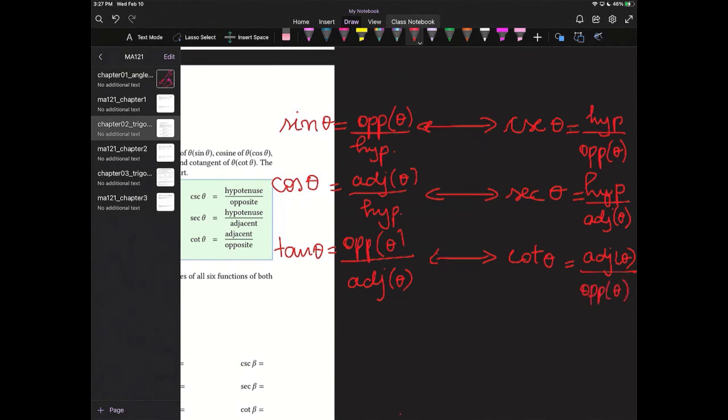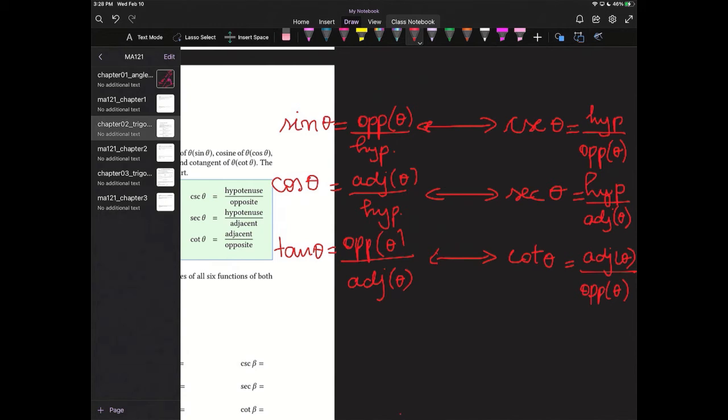So you do have all 6 trigonometric functions, but I want you to remember that if you know 3 of them well, you always know the other ones, okay? Because the other ones are just flipping the fraction. And the question is, how do I remember which ones are the pairs? Sine, cosecant. So notice that sine does not start with co, but the reciprocal starts with co, right?